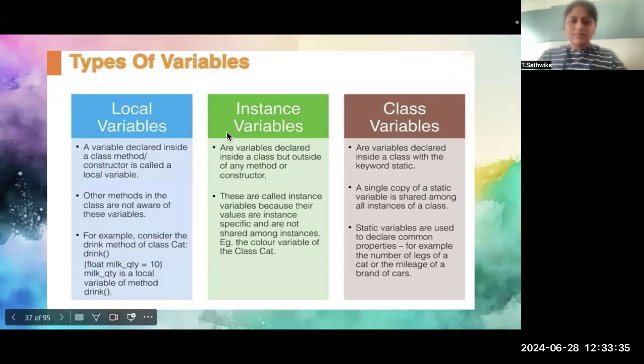Coming to class variables, these are declared inside a class with the keyword static. A single copy of a static variable is shared among all the instances of a class. Static variables are used to declare common properties, for example, the number of legs of a cat or the mileage of a brand of cars, etc.